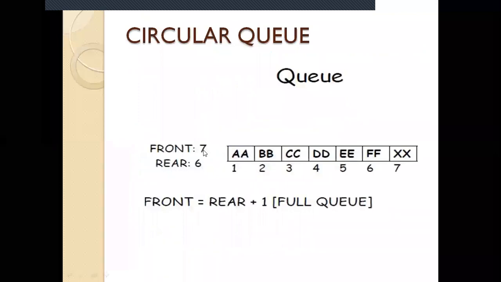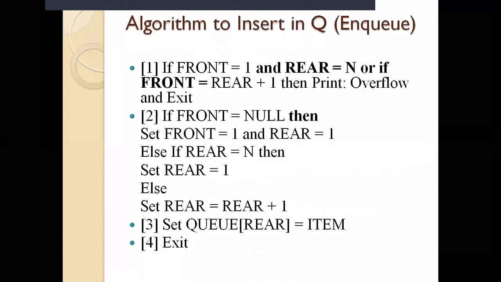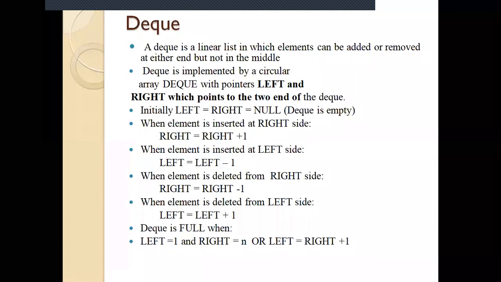So you insert at one end and delete from the other end. But DQ stands for double ended queue. Double ended queue means you can delete as well as insert from both the ends of the queue. Assume that the queue has two ends, left and right, and you can add as well as remove from both the ends.